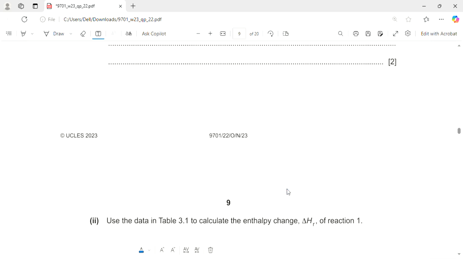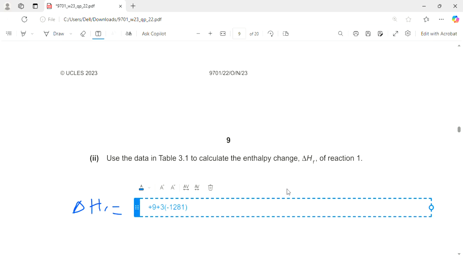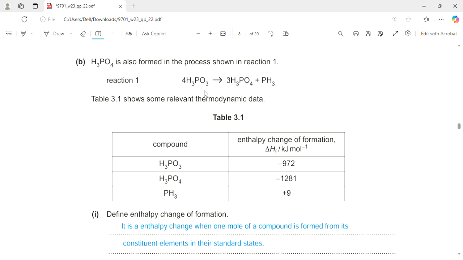Plus 3 multiplied by minus 1281. Okay, here we've done the products. And this is the reactant, minus the reactant.